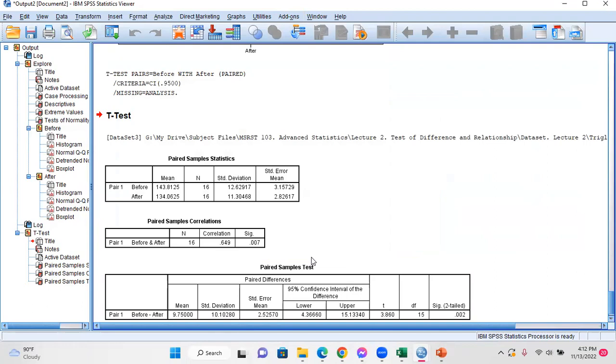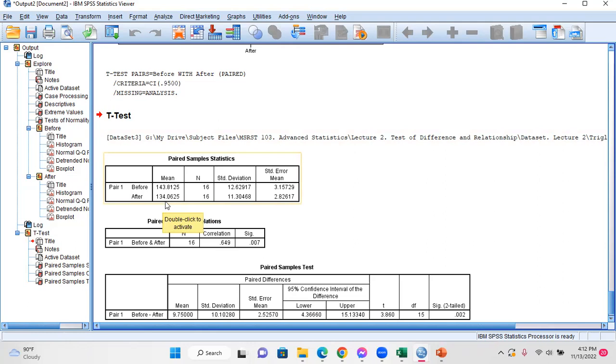So, anong interpretation yan? Tingnan natin ang mean. So, before taking the diet pill, the triglyceride level is 143.81. And after taking the diet pill, bumaba ang triglyceride.